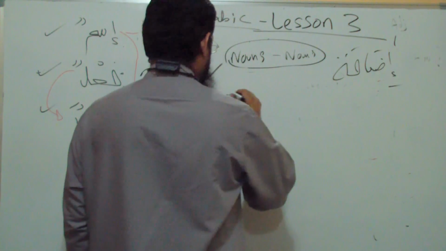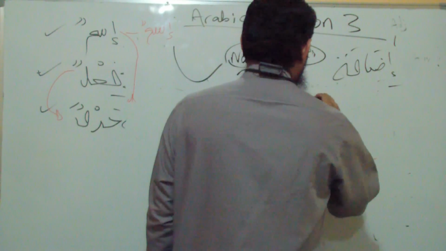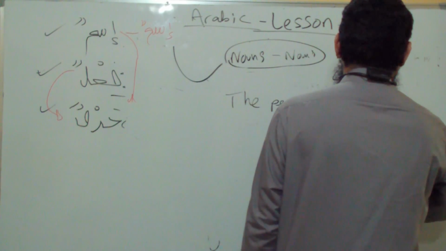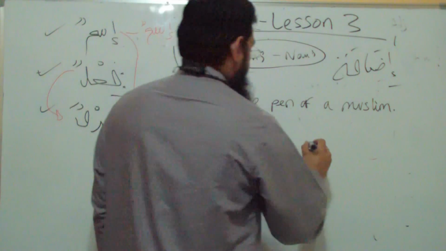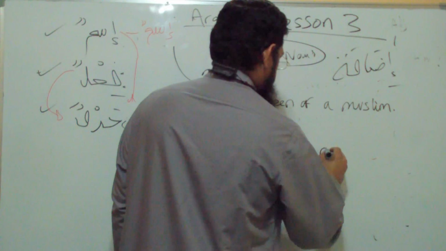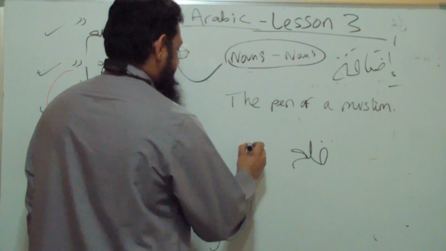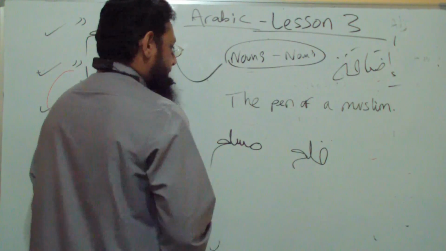The pen of a Muslim. So here we're going to have qalam, and then we're going to have Muslim. These are two nouns. This is how they're going to come together.